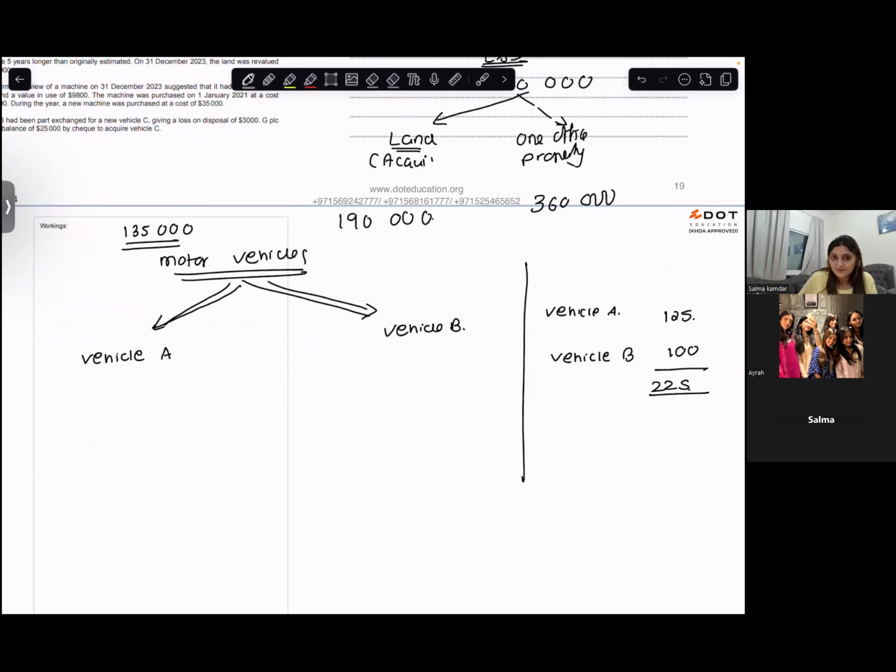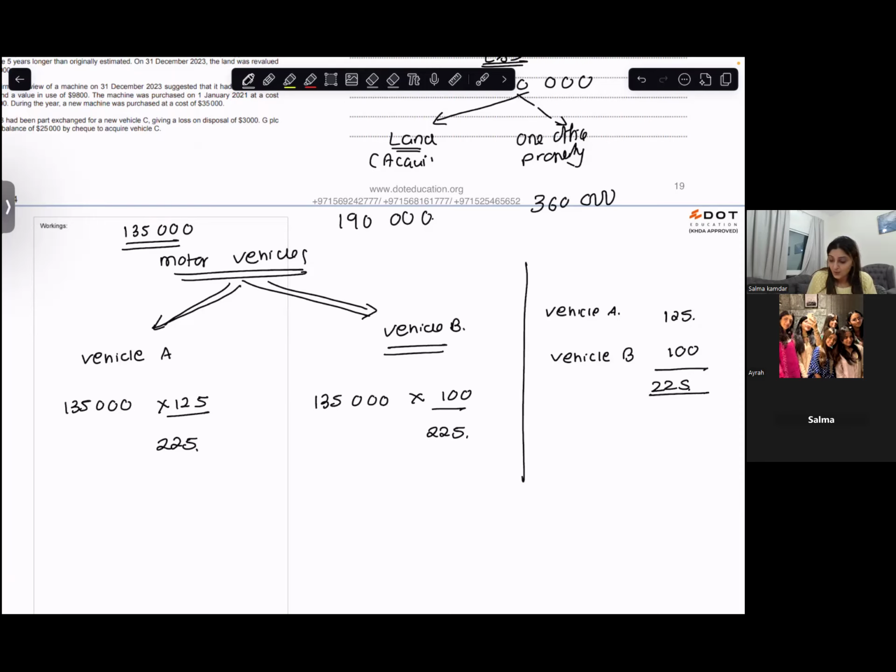225. So cost of vehicle A would be 135,000 into 125 over 225, and cost of vehicle B would be 135,000 into 100 over 225.